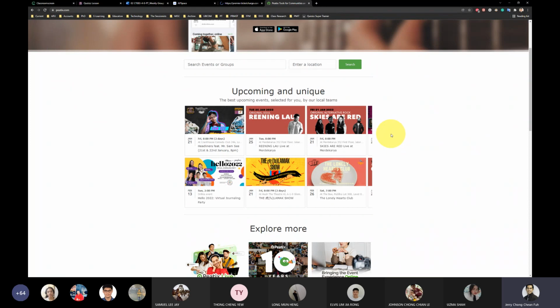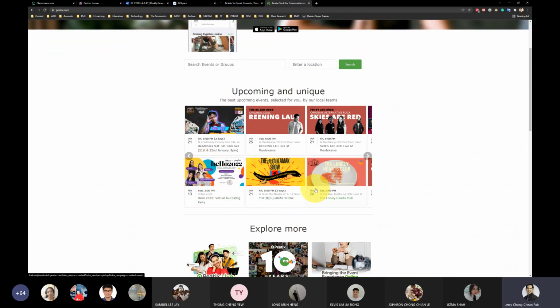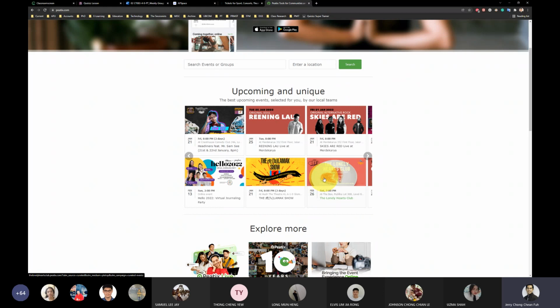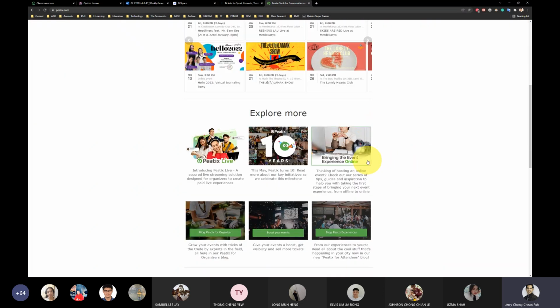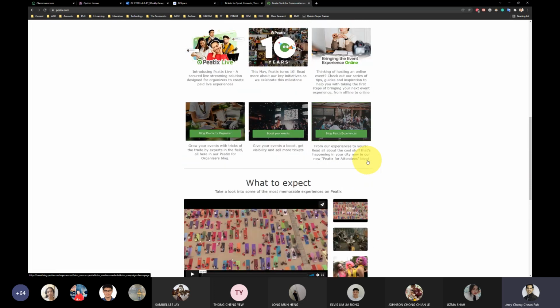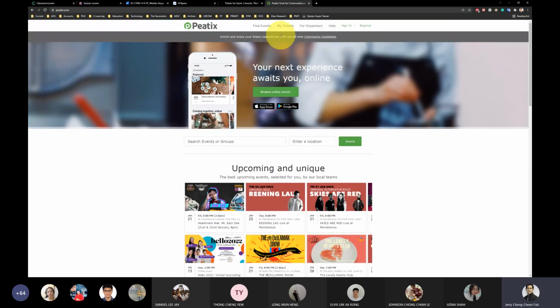Individual events, whereby it's not necessarily promoting something very popular. It can be indie related events, music related or art related. They even promote events around you, and you can easily purchase a ticket through them, right?